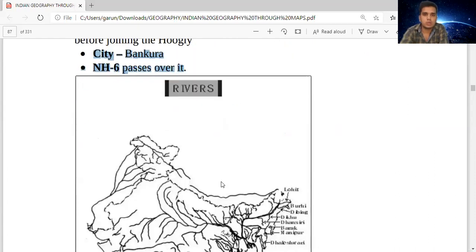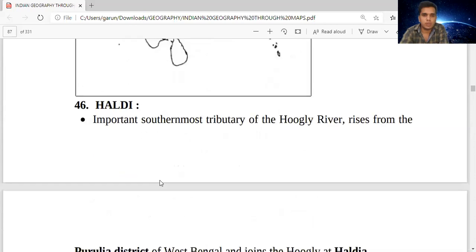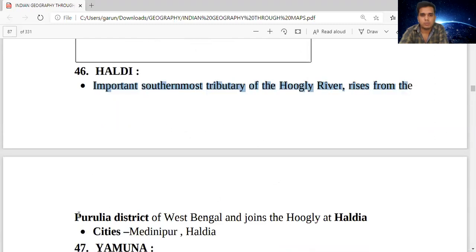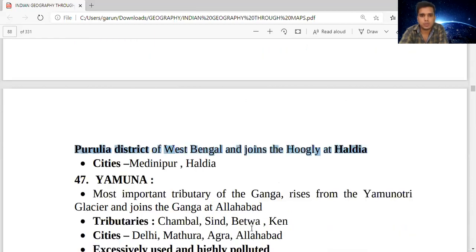Next is Haldi, an important southernmost tributary of the Hooghly River, from the Purulia district of West Bengal. It joins the Hooghly at Haldia. Cities: Medinipur, Haldia.